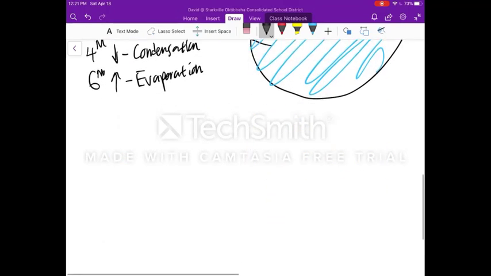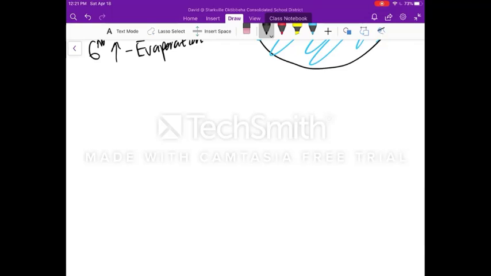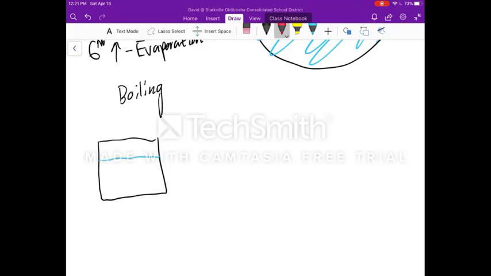So then let's talk about boiling. We know that there's lots of water molecules evaporating from this one. Now that we're boiling, we've got this really hot plate, and this is going to be at 212 degrees Fahrenheit. And now we've got the rolling bubbles, right?